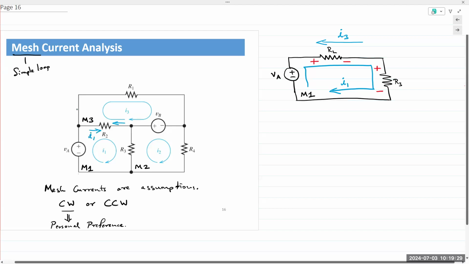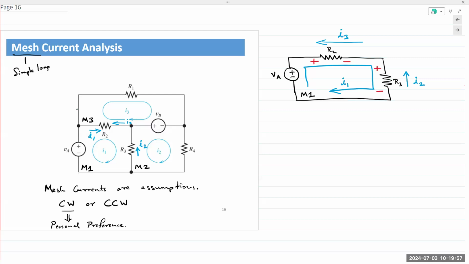I1, of course, is coming from the left. The same thing with R3. R3 has I2 coming from the bottom. Okay, and again, those current directions are due to the assumptions we made at the beginning of our analysis.